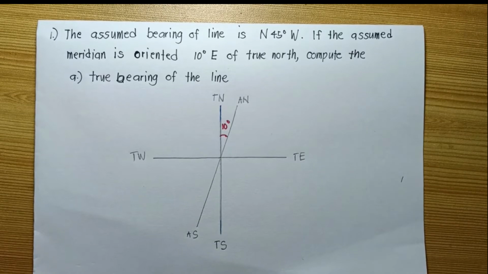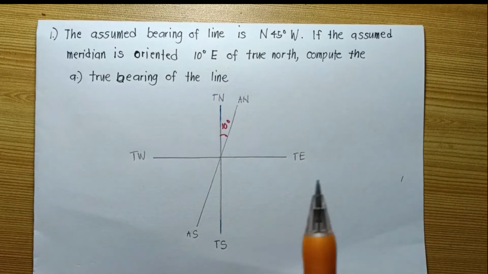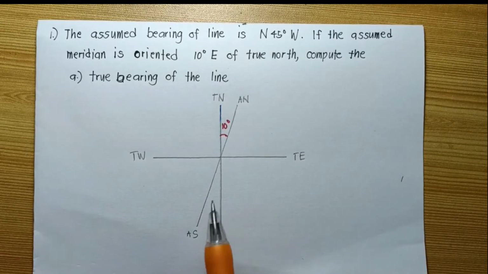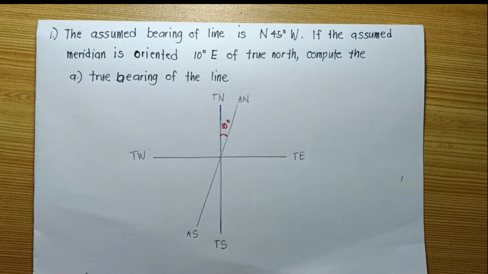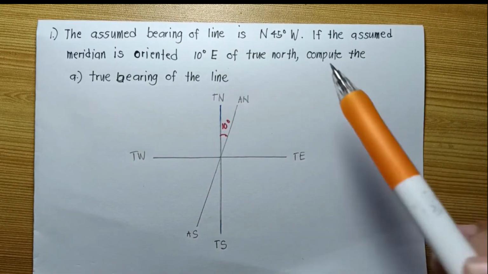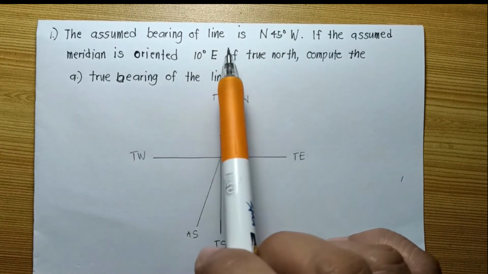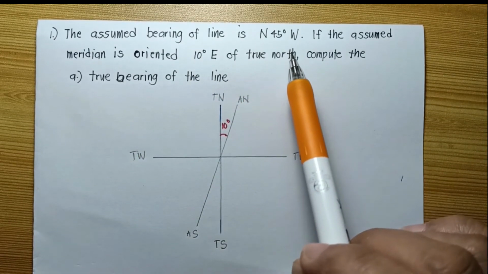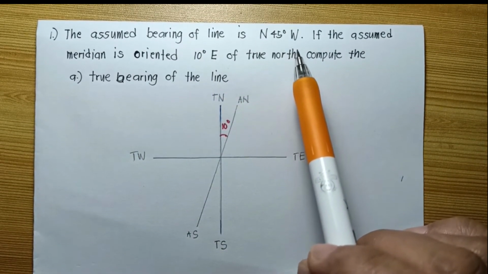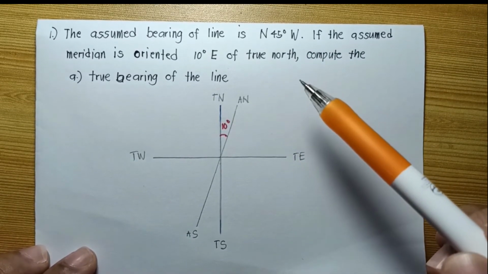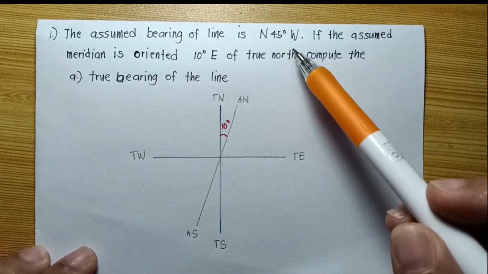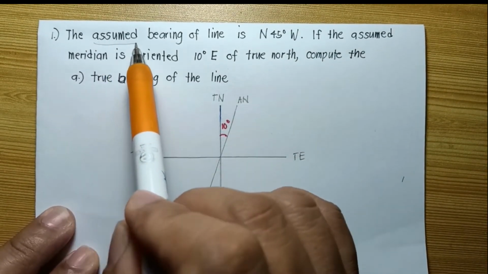So after plotting the true meridian and also the other meridians in this problem, the assumed meridian, the next step you are going to do is to plot the other given, or that is the line. So we are given here, assumed bearing of a line is north 45 degrees west. So where is the 45 degrees west, or north 45 degrees west, and it's assumed.